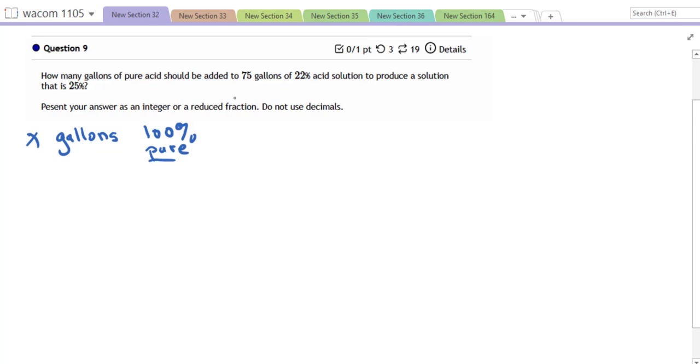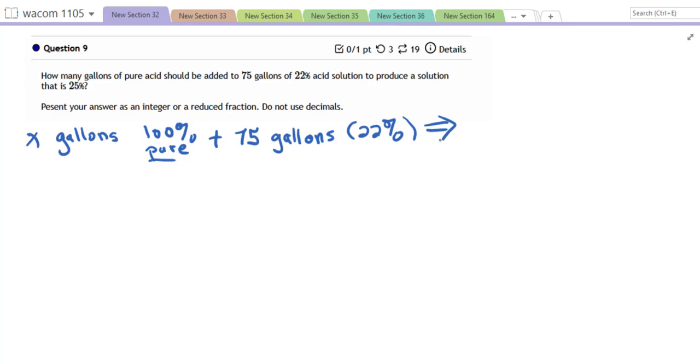Right? You're going to add it to 75 gallons of 22%, and you want to produce a solution that is 25%.